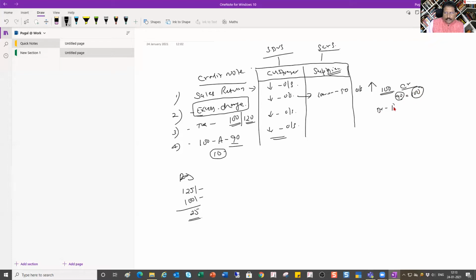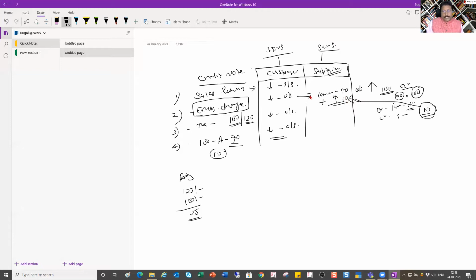So you debit your purchase account by 10 rupees, the difference amount, and credit your supplier, because there are additionally 10 rupees you are supposed to pay him. This 10 rupees you are crediting is what will come as your credit note in your books of account, which is going to increase your outstanding. That means your payable is going to increase by 10 rupees.